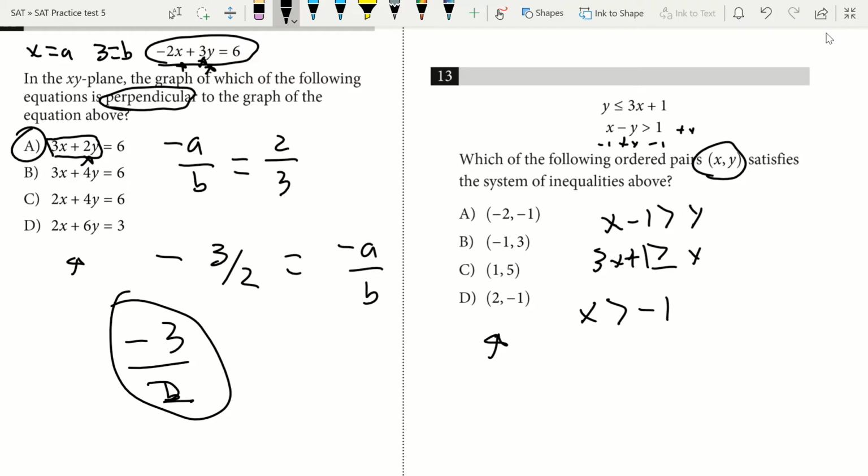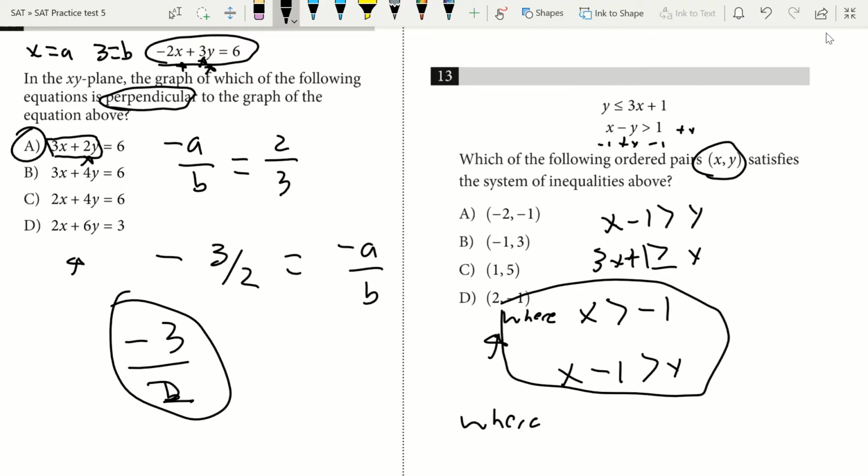Where x is greater than negative 1, my x minus 1 will have to be greater than my y. So that's the equation I'm going to use here. And where x is less than or equal to negative 1, I'm going to use the equation 3x plus 1 has to be greater than y.